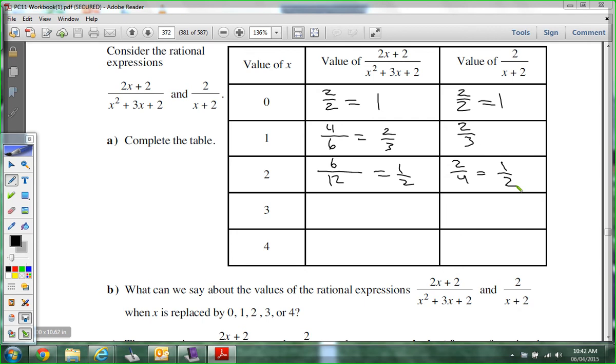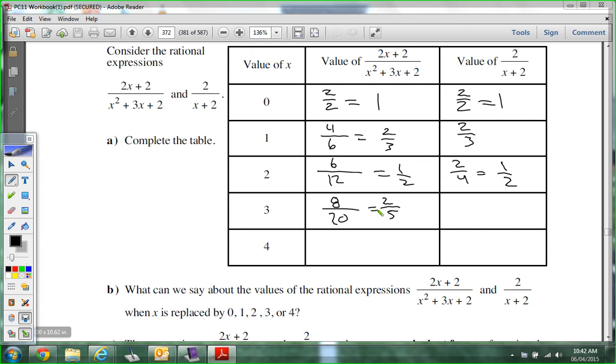Putting in a 3, 2 times 3 is 6, plus 2 is 8 this time. 3 squared, 9, plus 9, plus 2 is 20. And 8 over 20 reduces to 2 over 5. That's right, 2 over 5. It's wrong on my notes. The other one would also be 2 over 5.